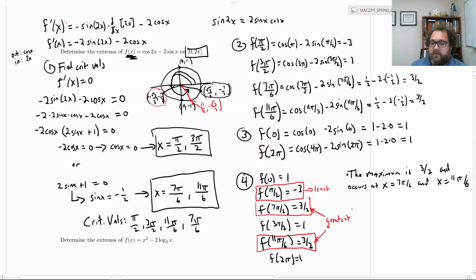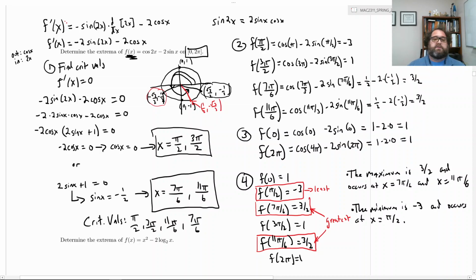What about the minimum? The minimum is -3 and occurs at x equals pi over 2.